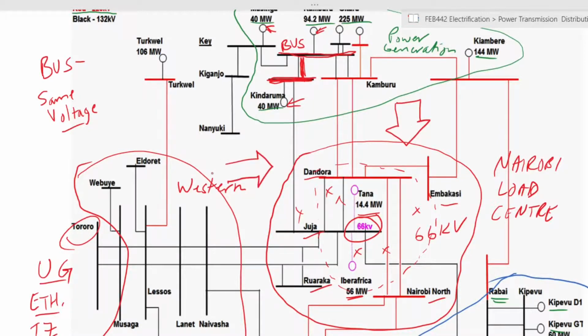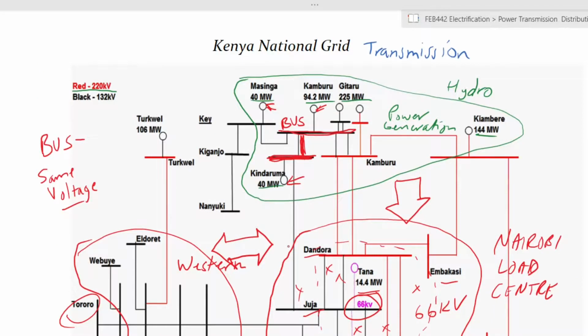One of the interesting things is electrical power, unless you have batteries, must be consumed as it is produced. So if power is being produced in Masinga, if the hydros there are running, that power must find its way somewhere and be consumed instantaneously. So if you're producing 40 megawatts at Masinga, there must be a load somewhere that consumes 40 megawatts.